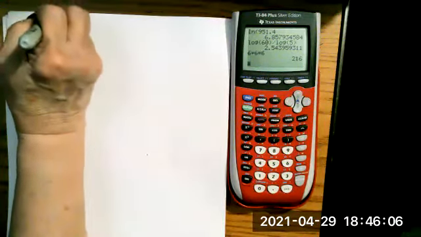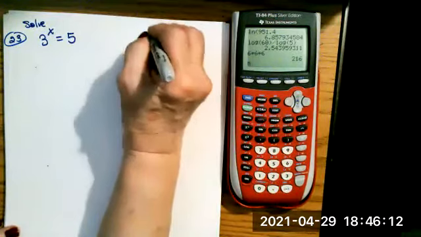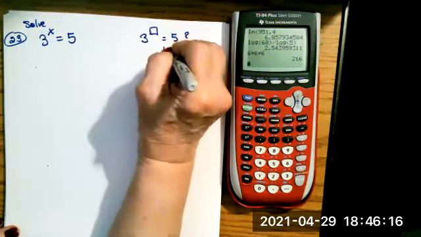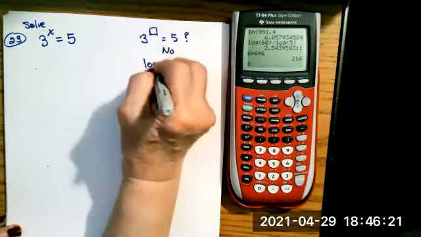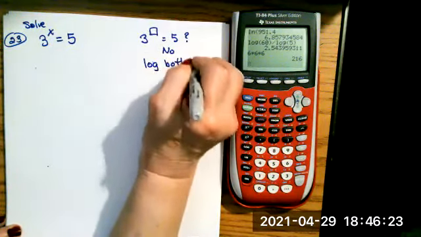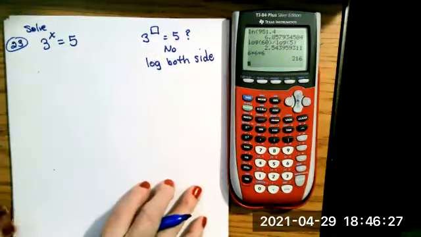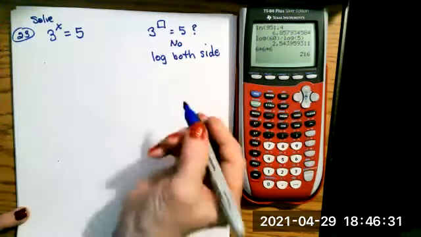And this is a solve problem. And you have to ask yourself, can I raise 3 to some power to get 5? The answer is no. So if it's no, then you log both sides. Now, if it was an e, I would ln both sides. But you can ln both sides, as Luke found out when he was doing his homework.